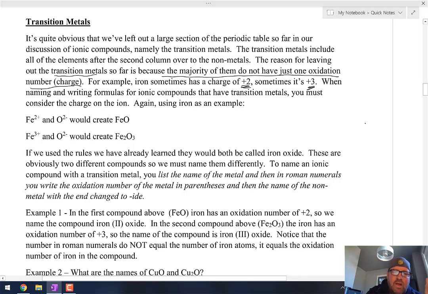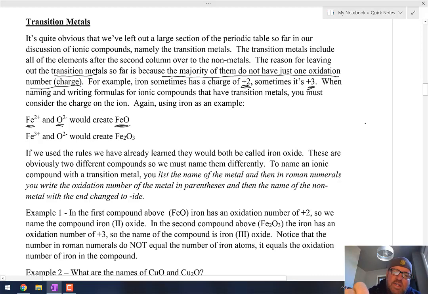So when we create the formula, if we're talking about iron with a +2 charge and oxygen, iron has a +2, oxygen has the -2, so it would create just FeO.